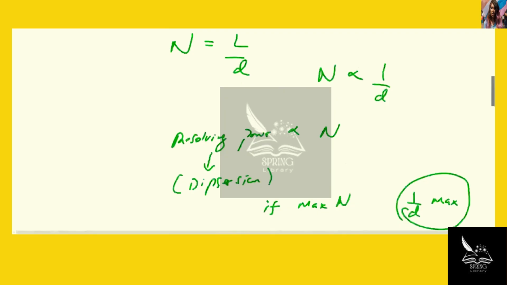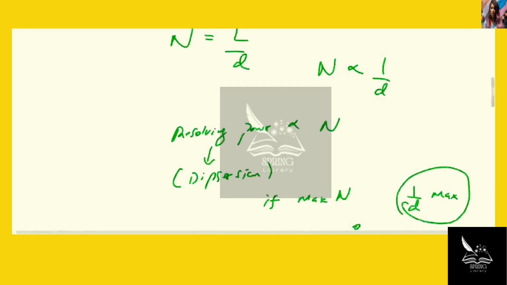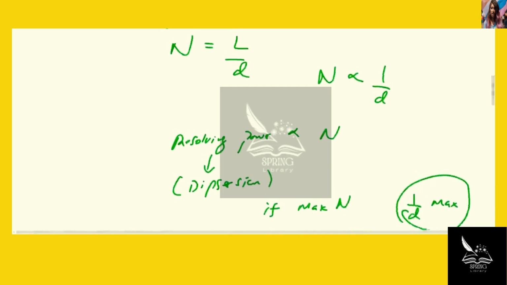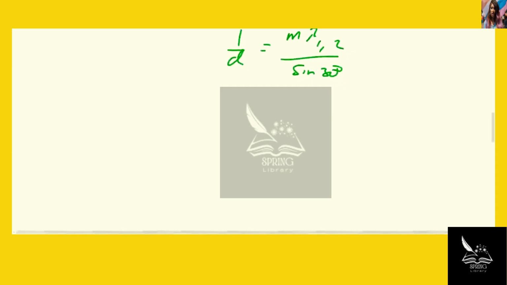Why is 1 over d maximized? Because we want to maximize the resolving power. That's one of the goals of the problem. So then 1 over d has to equal m lambda 1, 2 over sine of 30. So we take the equal one and we ignore the less than, because our goal is to maximize.